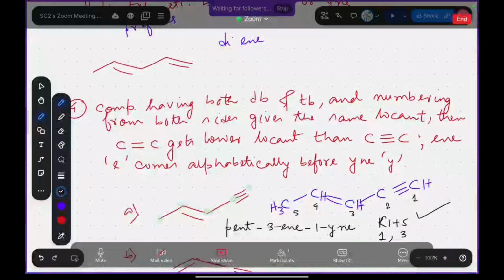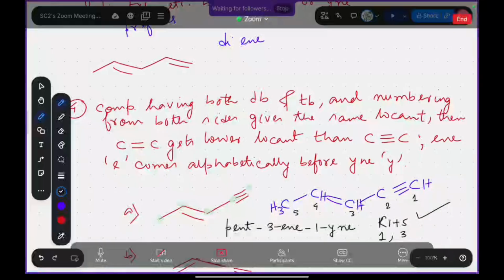But what do you see here? Why did I write ene first? Because ene, E, is alphabetically before, and yne, Y, is alphabetically later. So pent 3 ene comes first and then yne comes later. Whenever you have any compound where double bond and triple bond both are present, write ene first because ene, E, alphabetically comes before and yne, Y, alphabetically comes later.